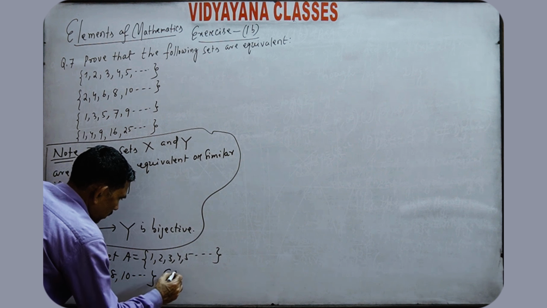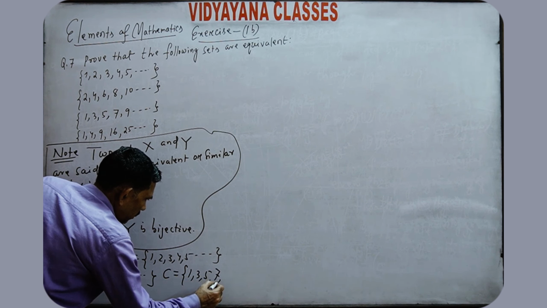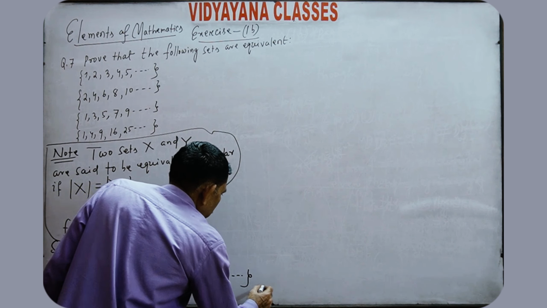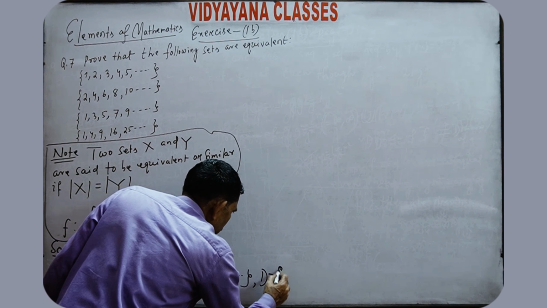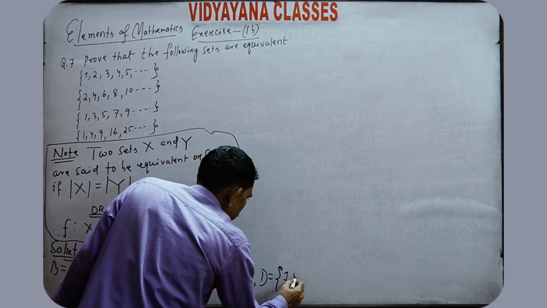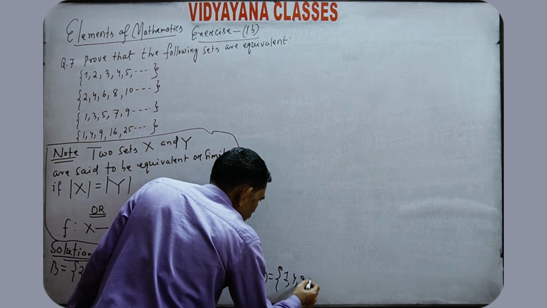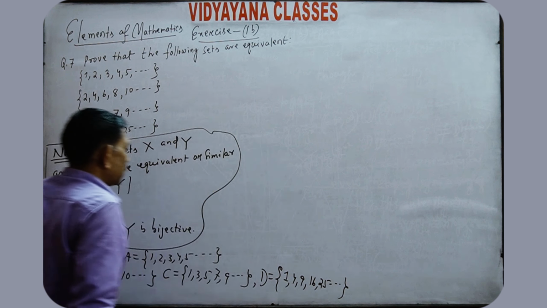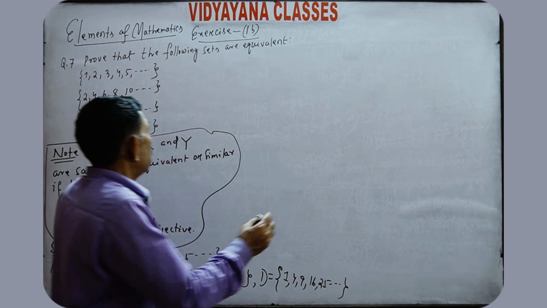C be the set containing 1, 3, 5, 7, 9, and so on. And D be the set of 1, 4, 9, 16, 25. It is A, it is B, it is C, it is D. Now to show.